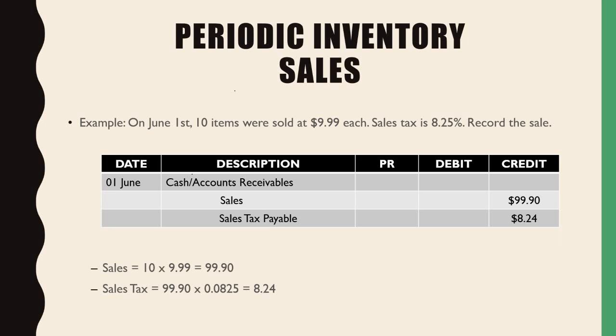So that means that's $8.24 that you're collecting as that portion that the customer is paying for sales tax. And then, of course, at the end of the day, you should be receiving a grand total of $108.14, okay?